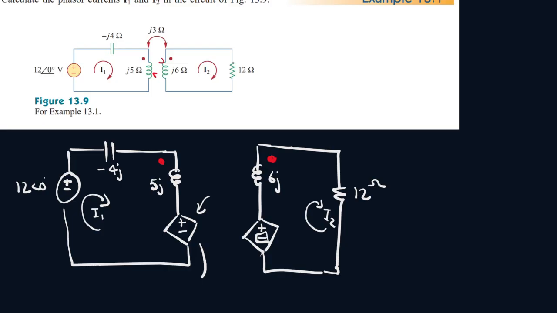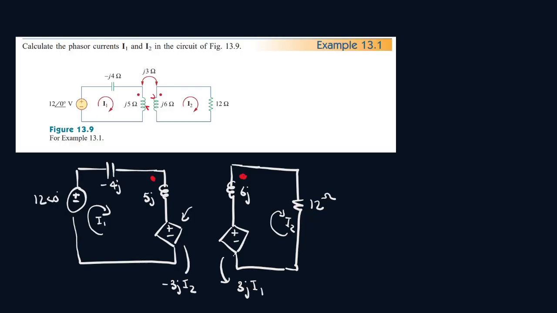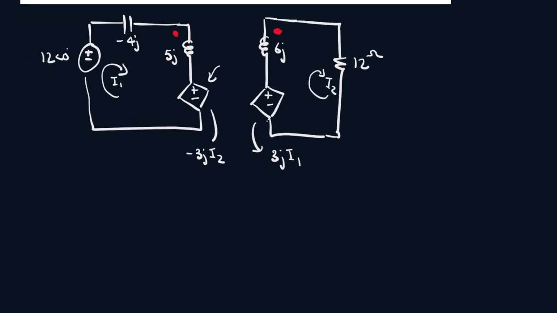So it's going to be minus 3j I2. For the other one, it's the mutual inductance times the current entering this port, and we see it enters from the positive terminal. So this one is going to be 3j I1.